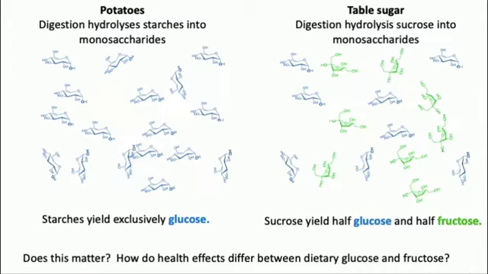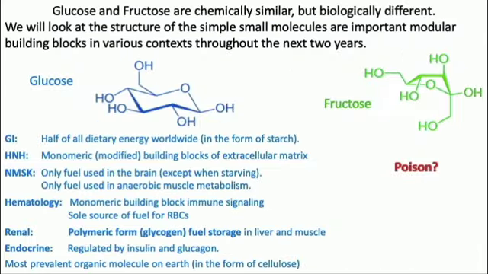However, fructose is not regulated among the different needs of the cell, which can contribute to metabolic diseases such as non-alcoholic fatty liver disease. In fact, Americans take in so much sucrose, half of which is fructose, that I believe at this point we should define fructose as a toxin.